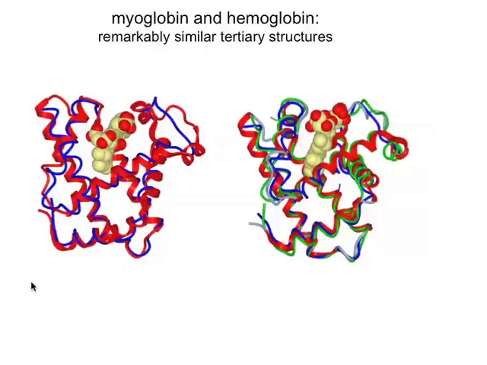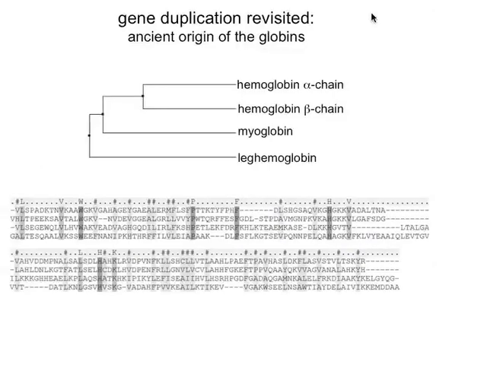So obviously alpha and beta hemoglobin are very similar to one another. And then I've overlaid myoglobin and alpha and beta hemoglobin on the same structure, and you see again that they're virtually identical in terms of not only their secondary structural organization, but the relative placement of the heme. Remarkably similar tertiary structures. No surprise there, since they're relatively well-conserved molecules.